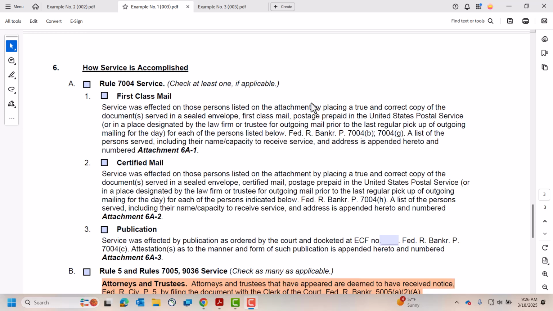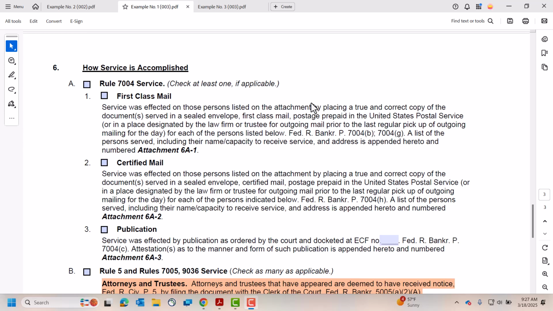Why Section 6 of EDC Form 7-005 is necessary. Section 6 is the portion of the standardized certificate of service that 1. Specifically identifies the creditors served. For example, Section 6A1 and Attachment 6A1 are actually being served, and 2. Describes the manner in which service is accomplished.